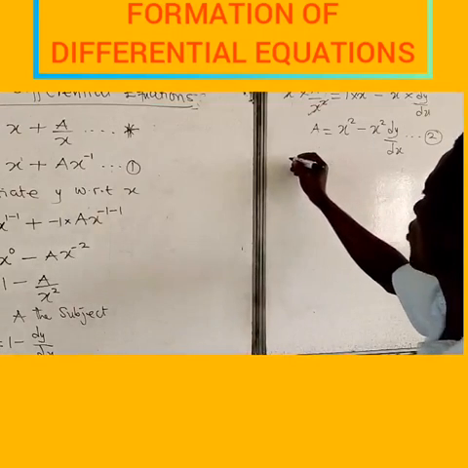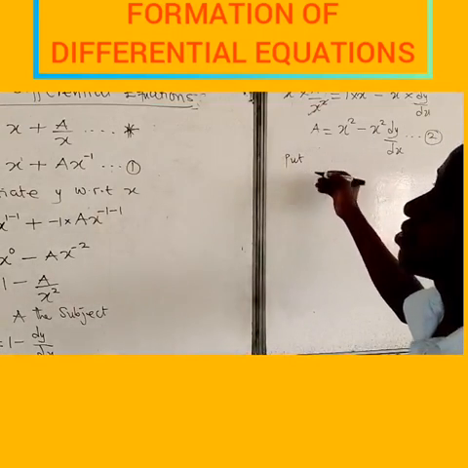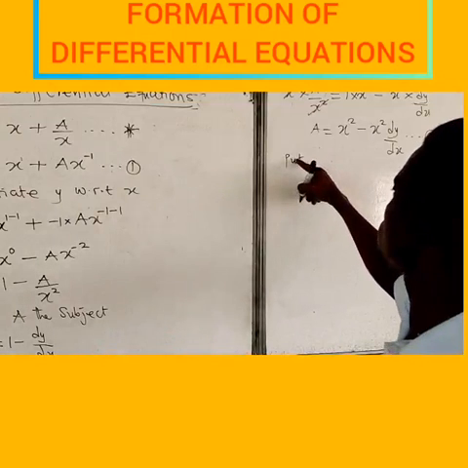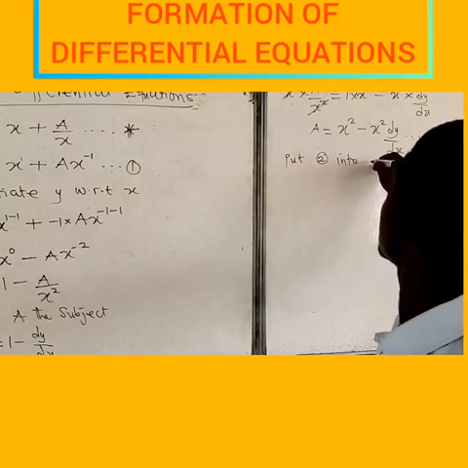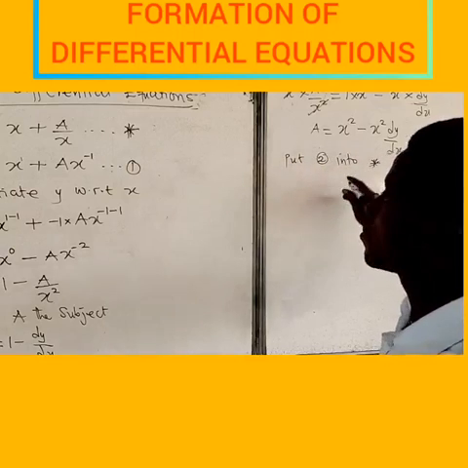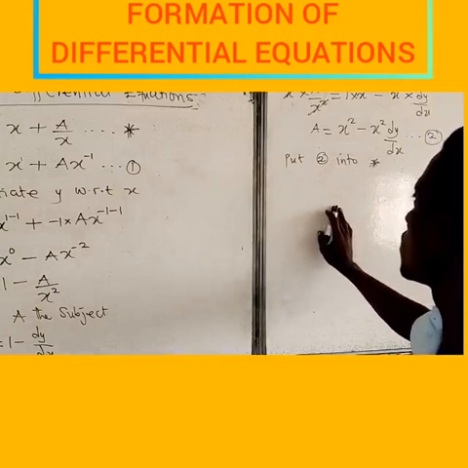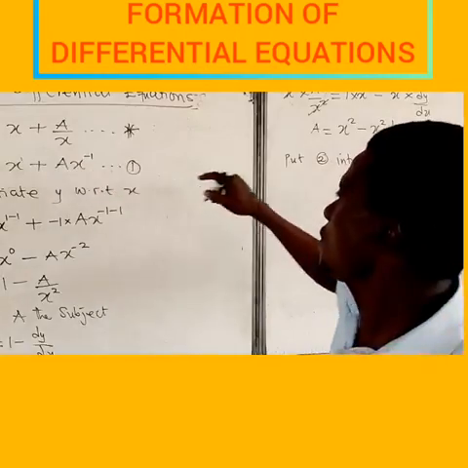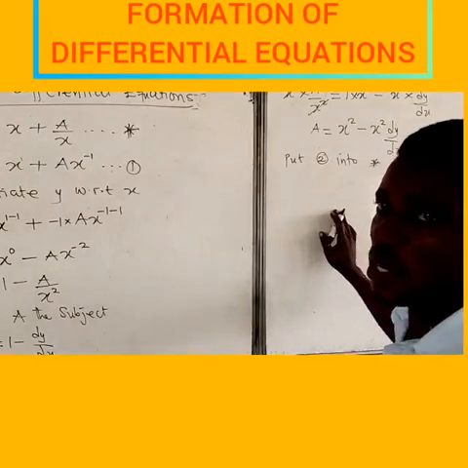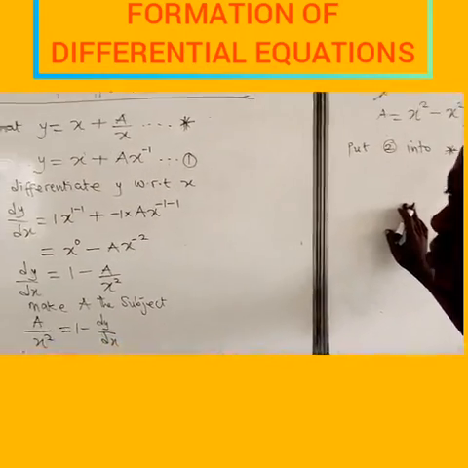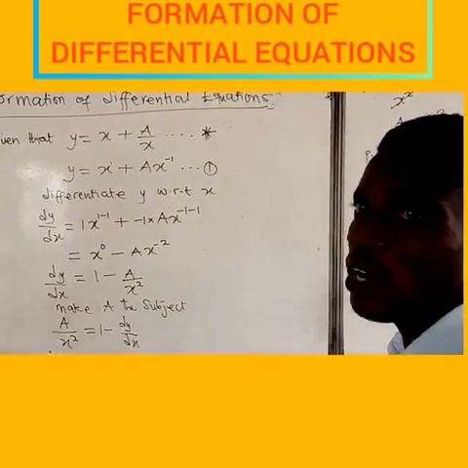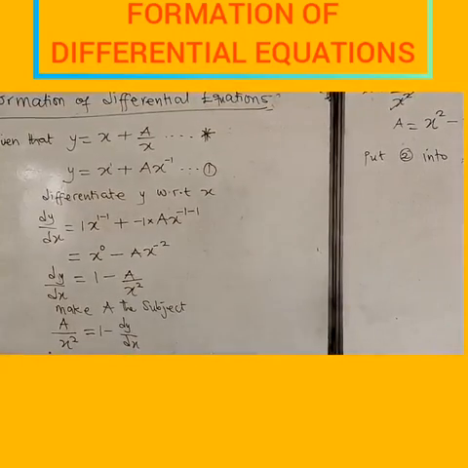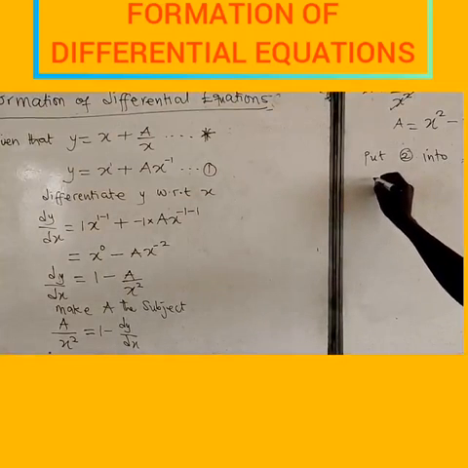We'll substitute, or simply put, equation 2 into equation star. In equation star we have y is equal to x plus a over x. So what we do is we are going to replace the a.